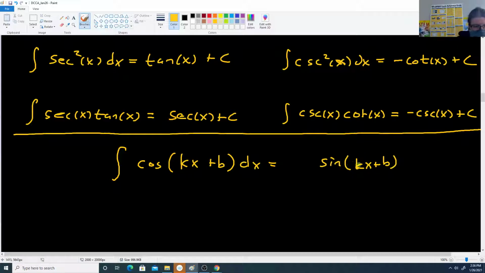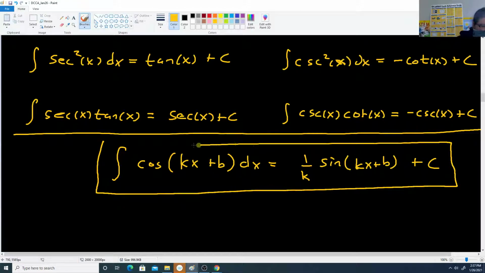It would be sine of kx plus b times the derivative of kx plus b would be an extra k there. So we need a 1 over k out front to cancel the k that gets sent out by the chain rule. So this right here is one way we can deal with that type of indefinite integral.